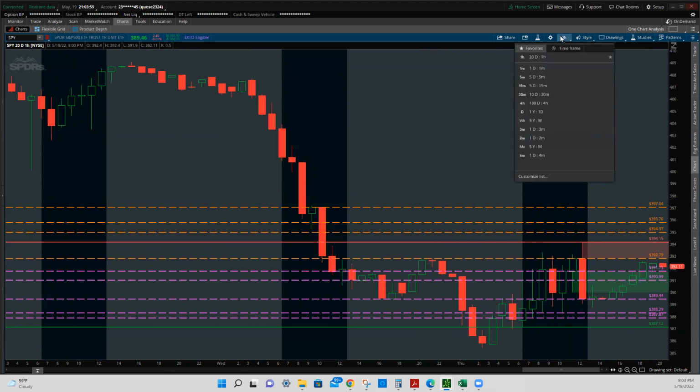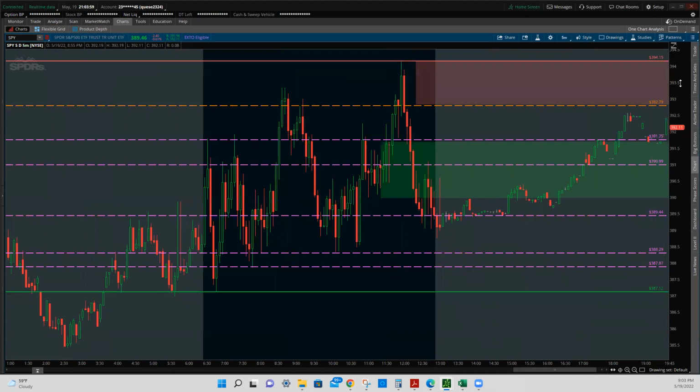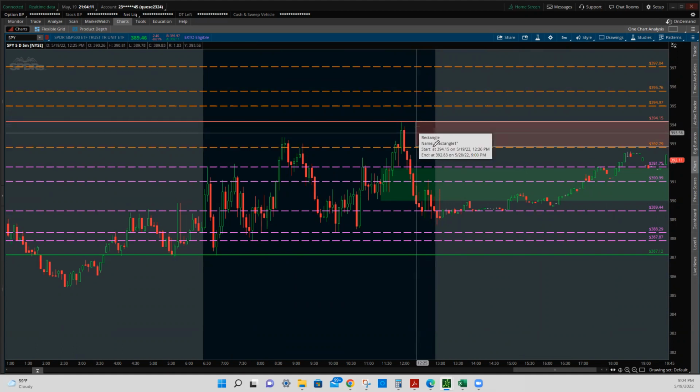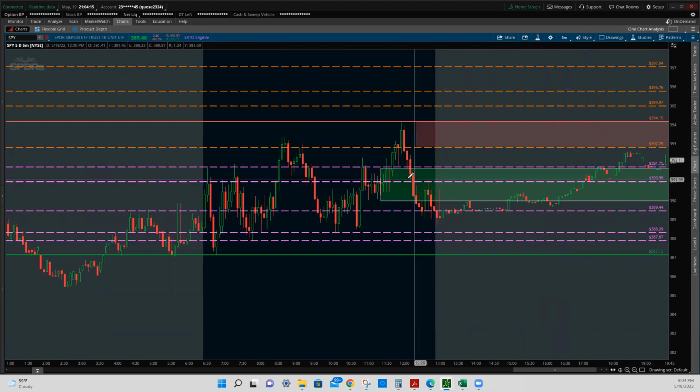So then when we go back to looking at this on a 5-minute chart, we can see that tomorrow in this zone, there's a potential of high selling activity. However, tomorrow in this zone, there's a big potential of high buying activity.